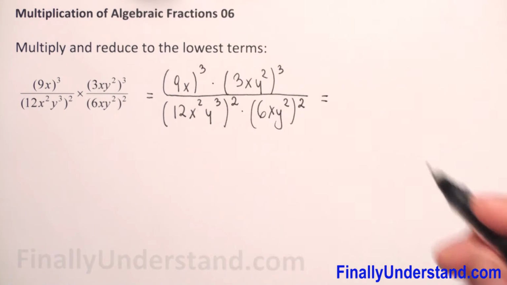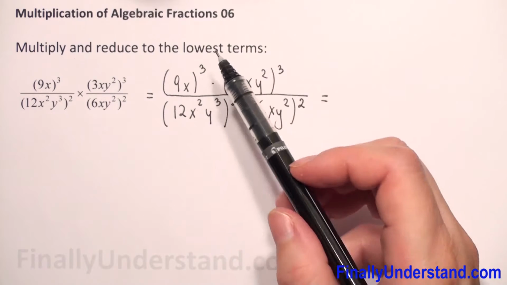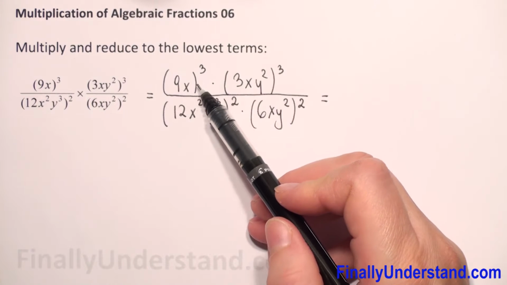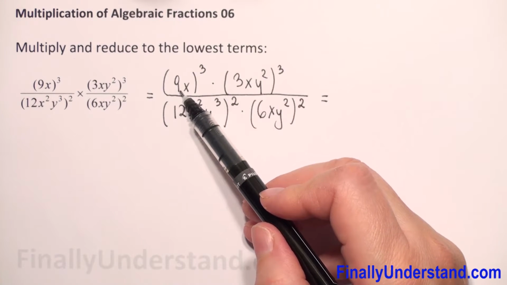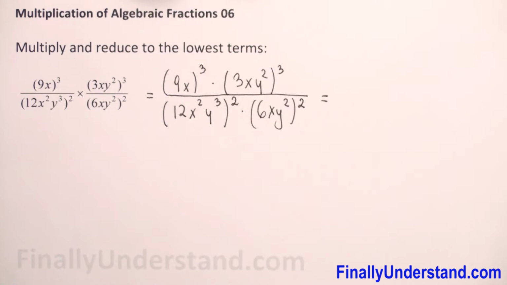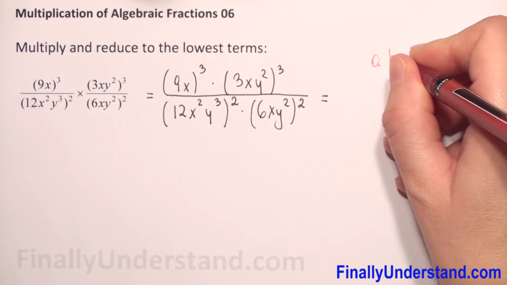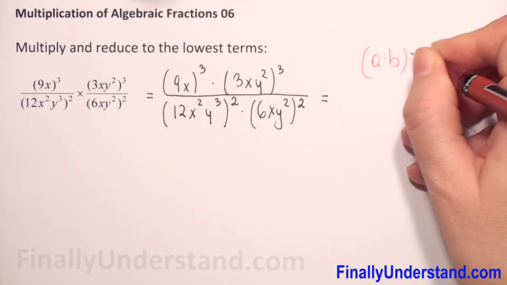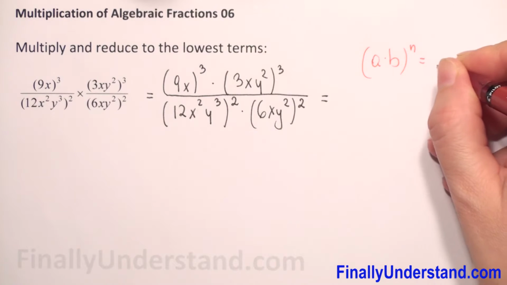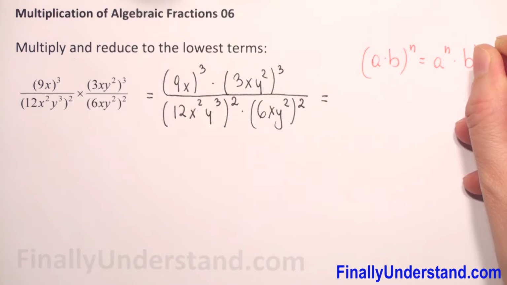This is equal. Next, first we have to do the power. So whatever we have in parentheses, we have to take to third power. Let me remind you the formula. When you have (a times b) to n power, this is equal to a to n power times b to n power.